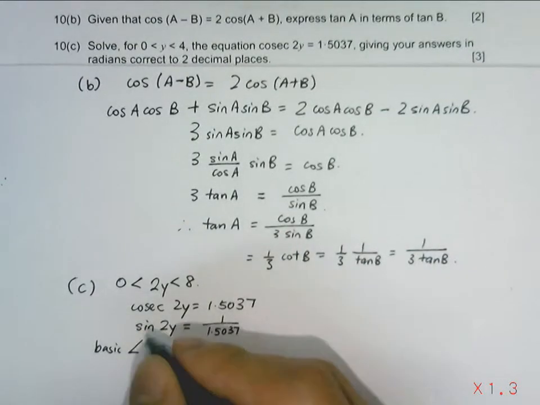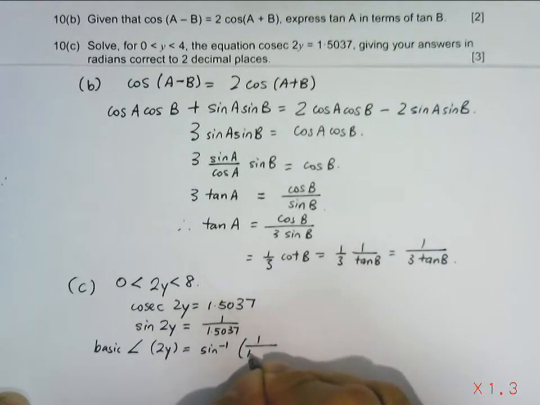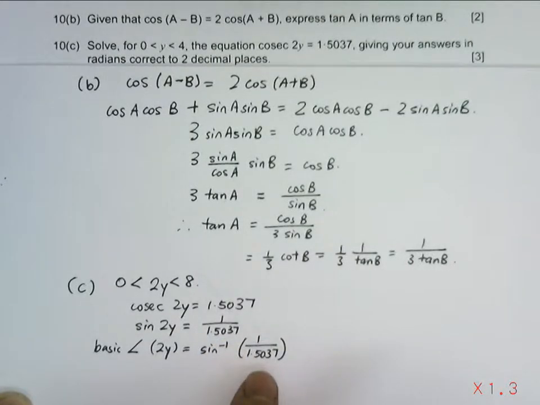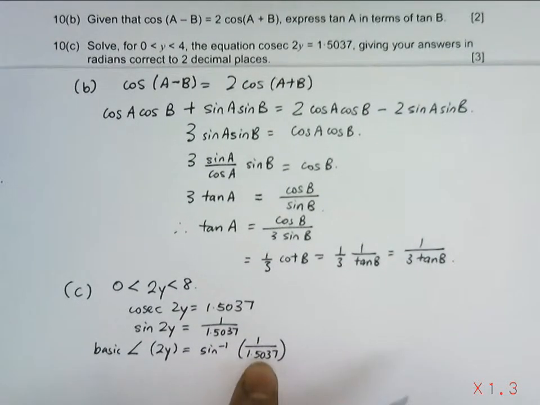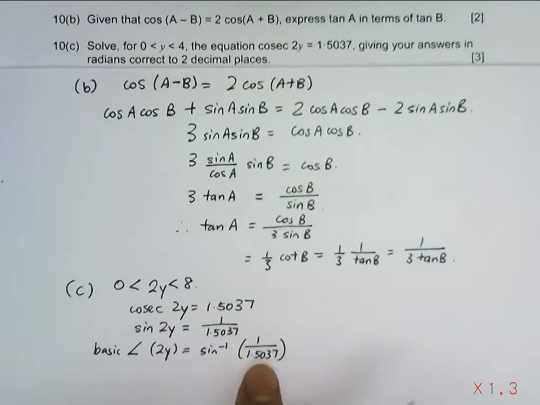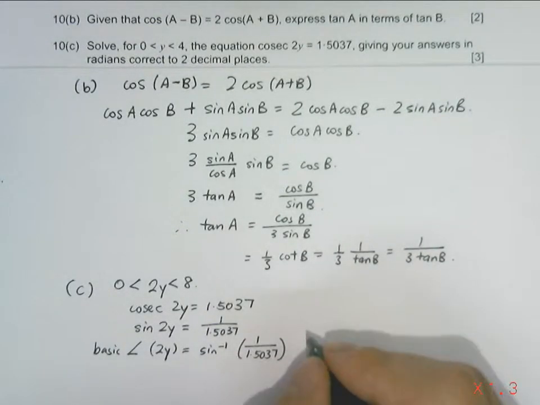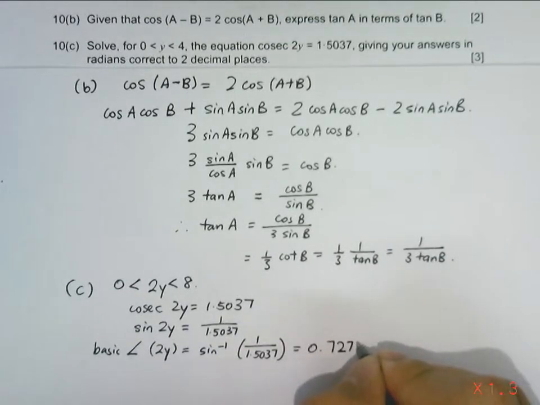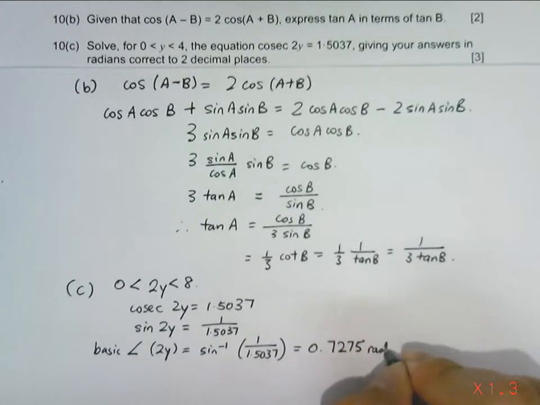So the basic angle is just sine inverse of this ratio. Since this is already positive, we just take the positive. We must always remember to take the positive, because in the first quadrant all ratios are positive. Rounding off to 4 significant figures, this will give us 0.7275 radians. You can put a radian there. This is just the angle.